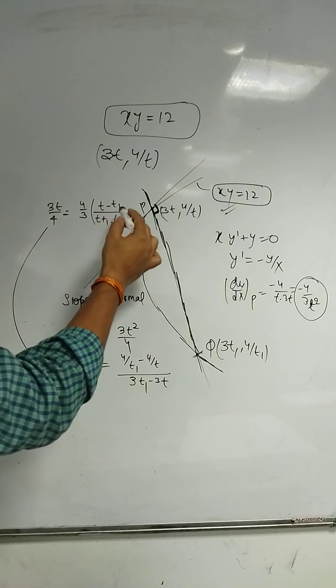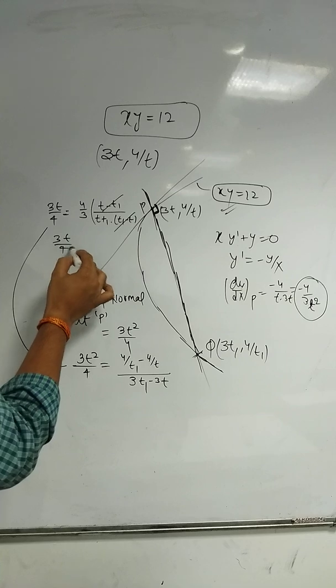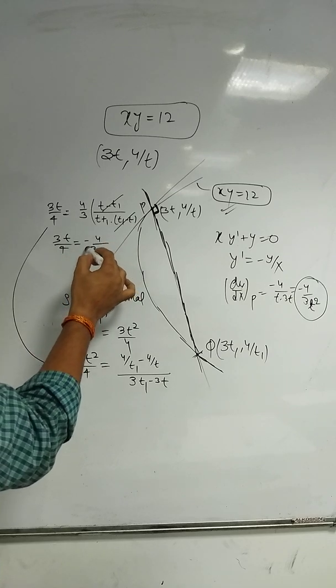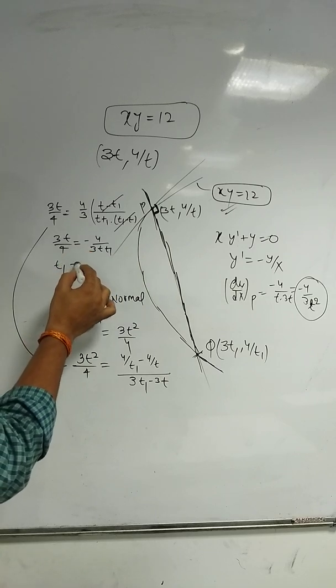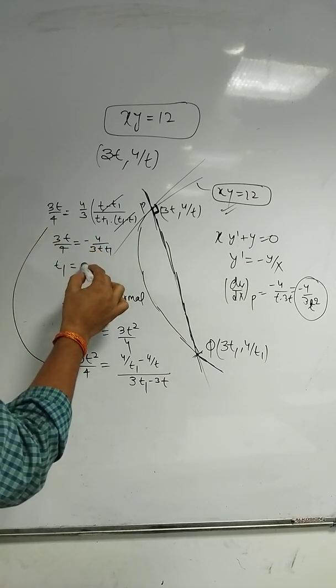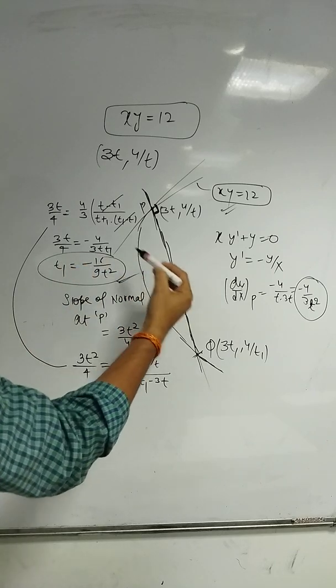Okay, from this the minus sign will come after cancelling, so 3t by 4 is equal to minus of 4 by 3tt1. So finally t1 will come out minus 16 upon 9t square. This is the answer.